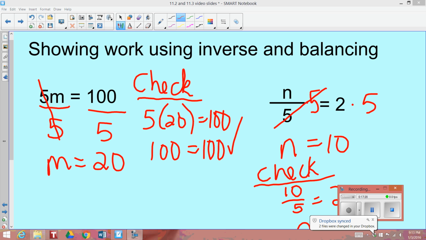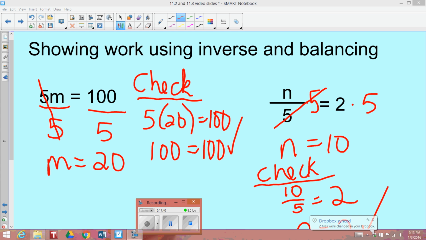The second equation is some number divided by 5 equals 2. Well, we all know in our head 10 divided by 5 is 2, but how do we show that we get 10? Well, if I took 2 and multiplied by 5, I'd get 10. But what I do to one side, I have to do to the other. So n over 5, or some number divided by 5, then multiplied by 5, is really like saying you're just left with n, right?